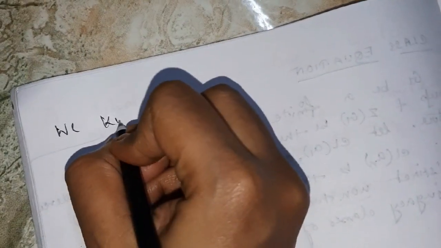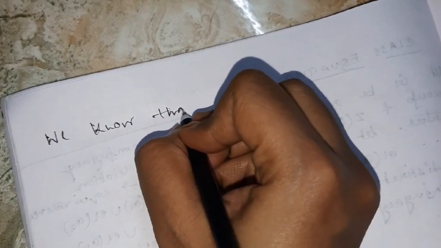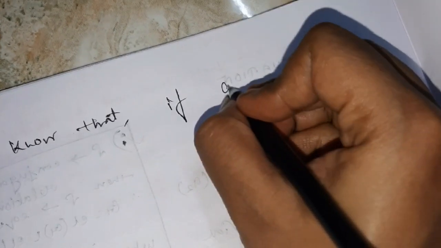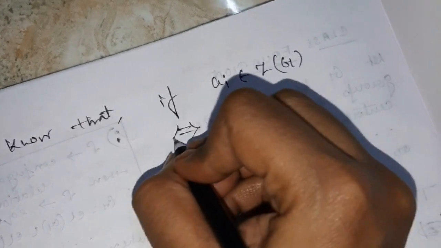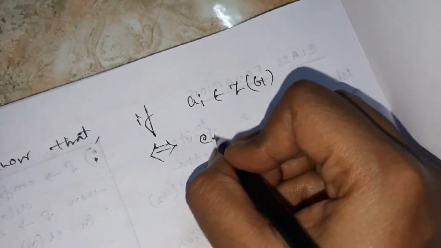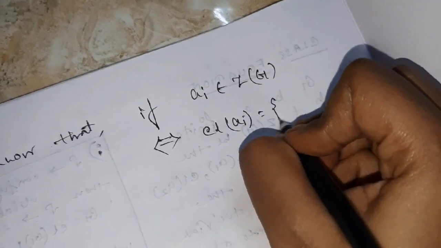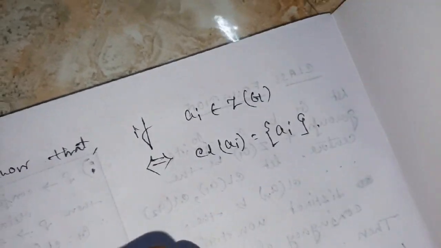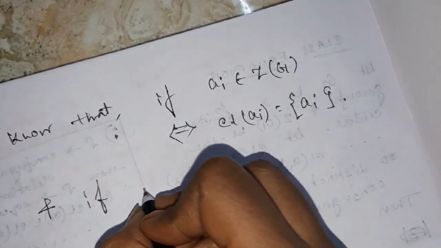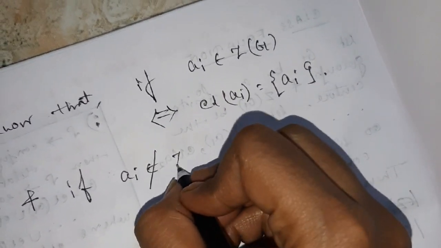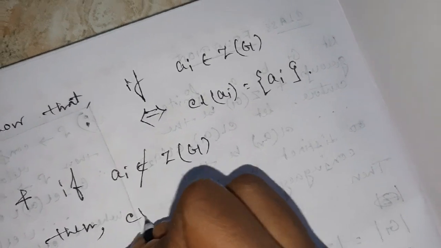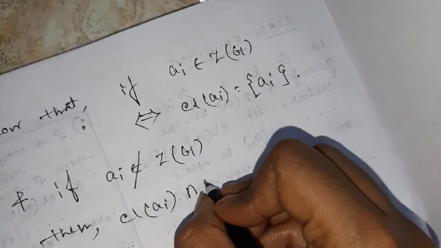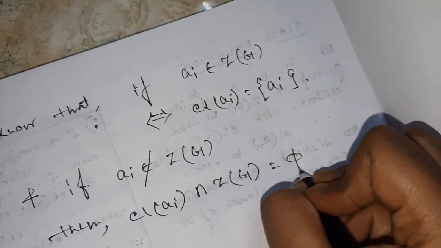Okay, we know that if AI belong to ZG, if and only if class of AI equal to this, and if AI does not belong to ZG, then class of AI intersection ZG equal to phi.